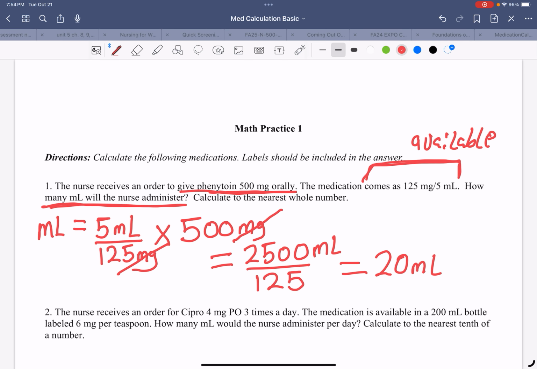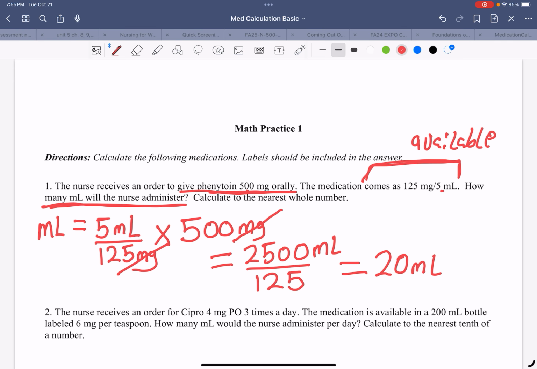So now we can see, does this really make sense? You have 125 milligram per 5 milliliter, and now we are dealing with 500. That means we expect the milliliter to be much higher than this. Think about this: if I double this number, I'm going to get about 250, so this number will be double, so I'm at 10 milliliter. Now if I multiply this by 4, that means I need to multiply this by 4 as well.